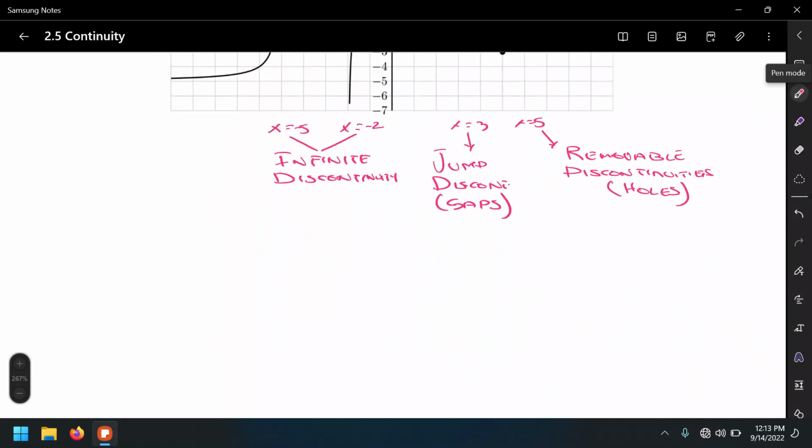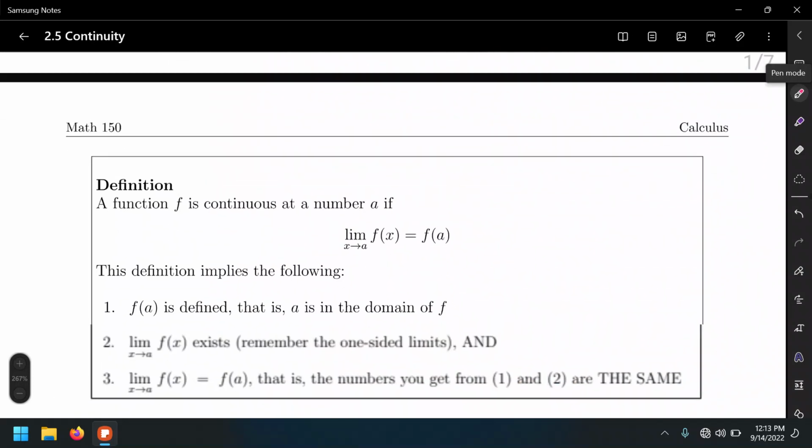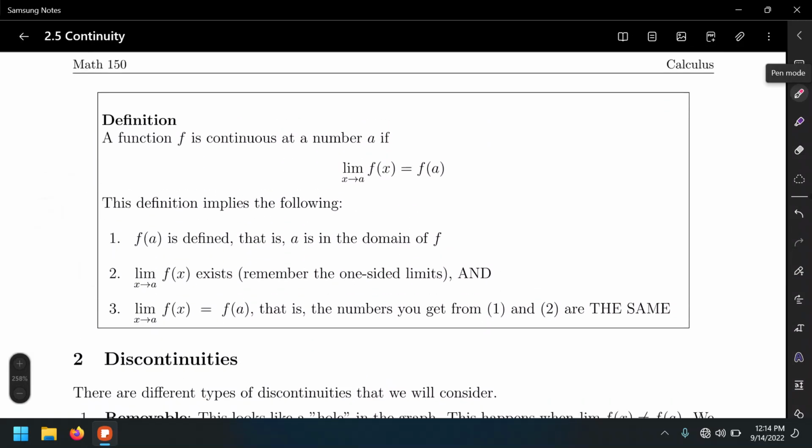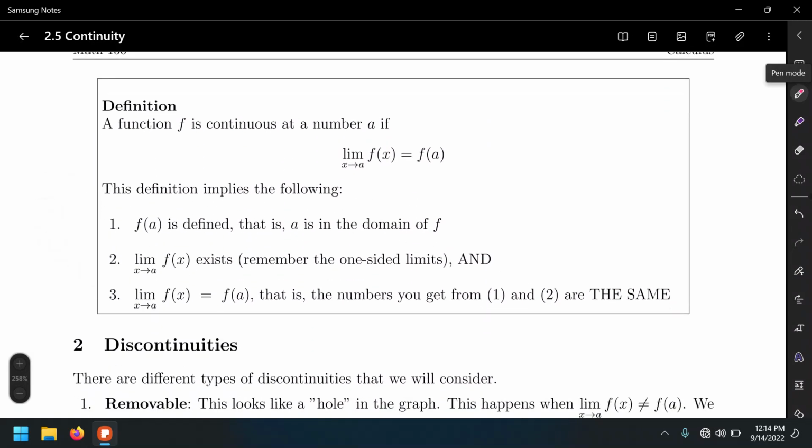So let's look at the definition of continuity. A function f is continuous at a number a, whatever that value is, whenever the limit as x approaches that value a is exactly the same as the value obtained when we evaluate the function.